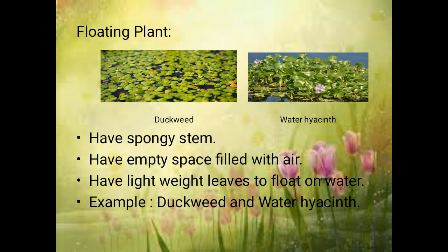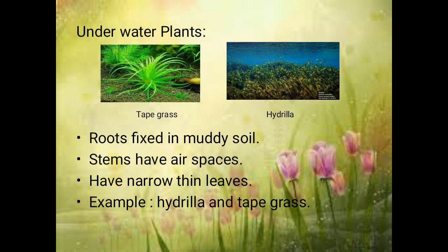Floating plants float on the surface of the water and have a spongy stem with empty space filled with air. Examples are duckweed and water hyacinth. The underwater plants are found deep inside the water, and their roots are fixed into the muddy soil.